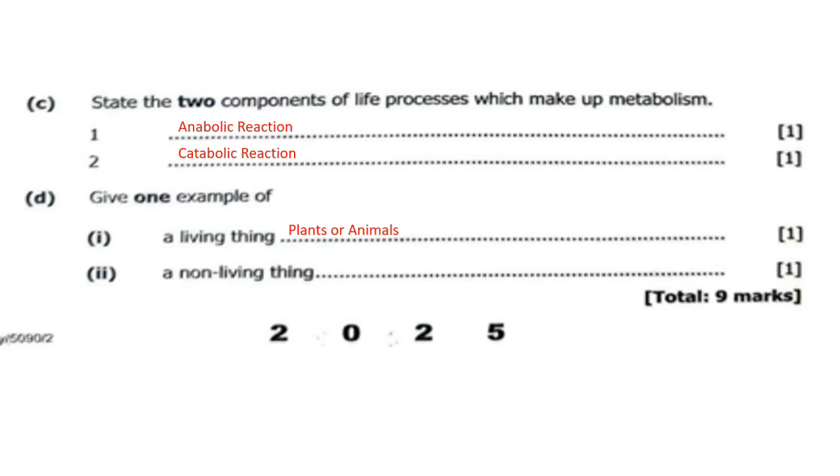Both plants and animals are living organisms, or rather living things. What of a non-living organism? We can depict a stone, or rather a building. Yeah, these are non-living things.